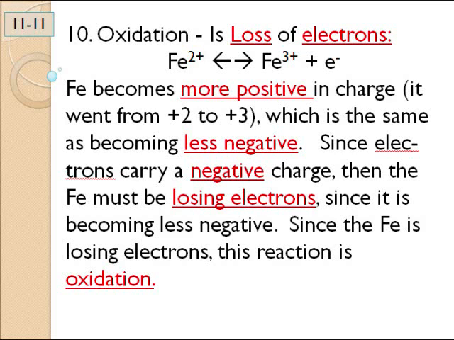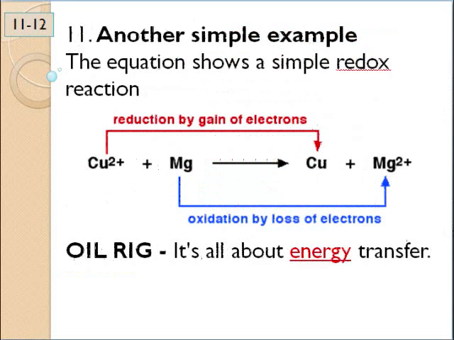Okay? There's another way to look at it. When you react copper and magnesium, this is an oxidation reduction. It's called a redox reaction. What happens to this to make it become that?